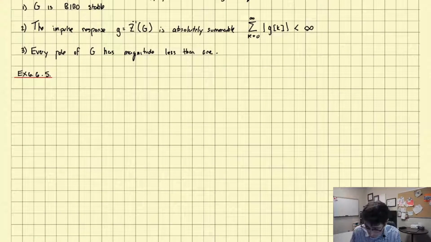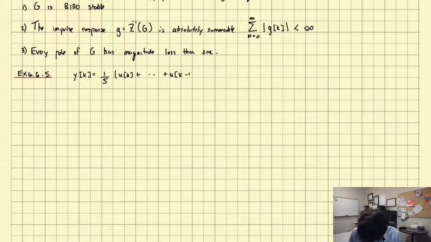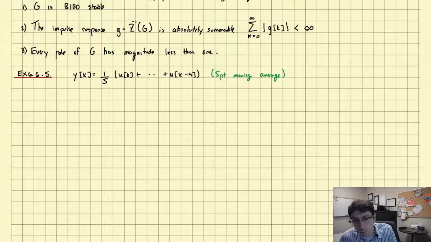So let's do our 5-point moving average. If you've done the problem set posted last week, then you've already found the transfer function for this guy. But let's do it anyway.